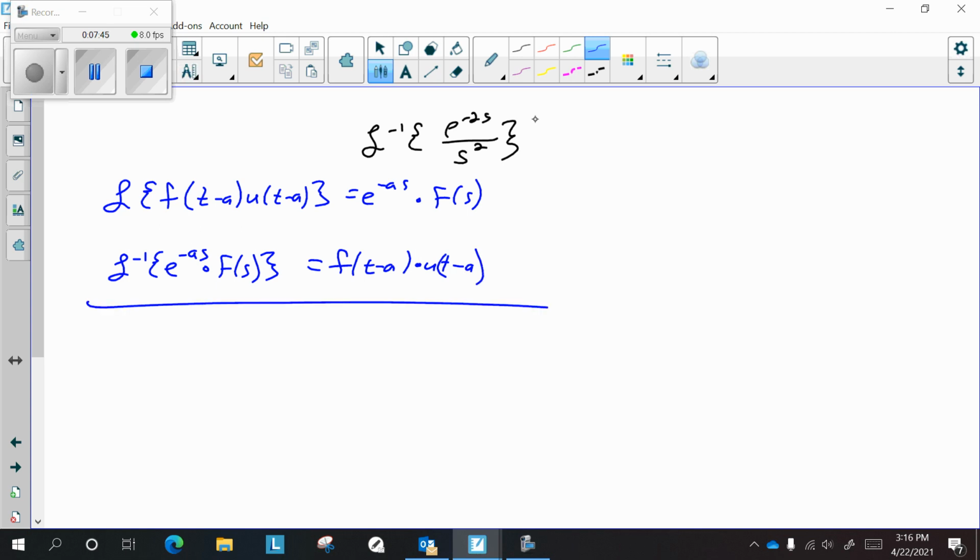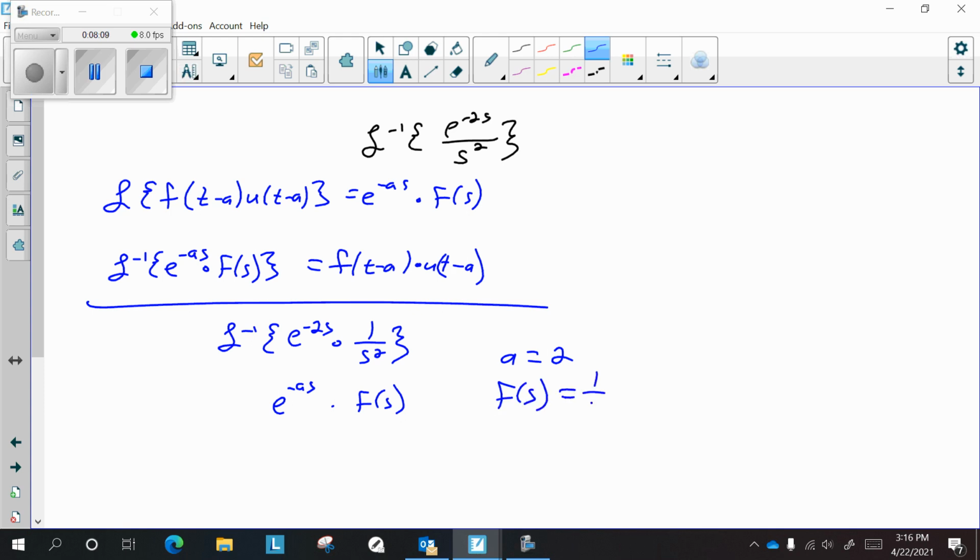So if we look at our transform, we're trying to transform e to the negative 2s times 1 over s squared. So in our case, this is e to the negative as, and this is F of s. So our a is 2, our F of s is 1 over s squared. So if we can get the inverse Laplace of 1 over s squared to get f of t, then our answer will be that function at t minus a times our step at t minus a.